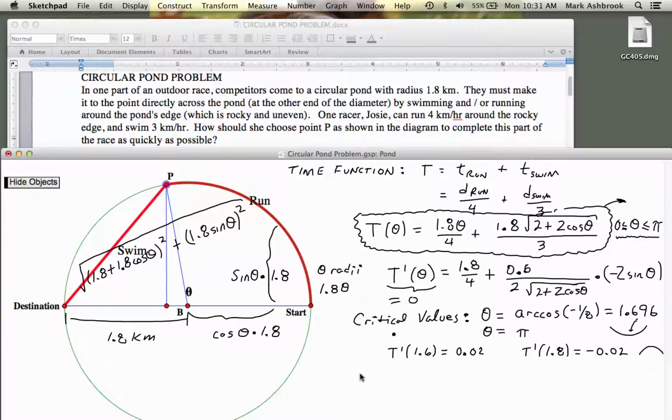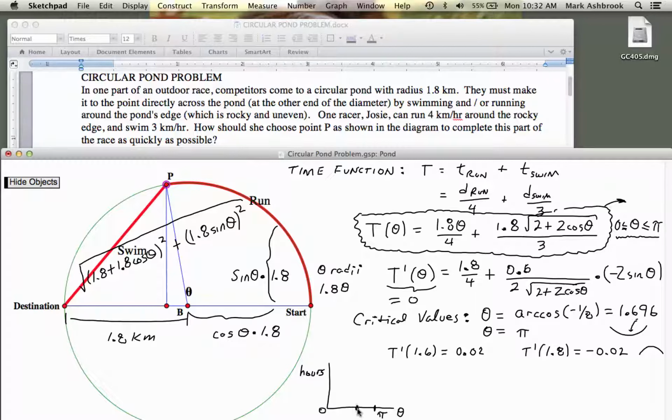So let's look at what we have so far and make a sketch. We're looking at our time, say hours, here, and our angle theta here. What we found is from 0 to pi, so here's 0, here's pi.